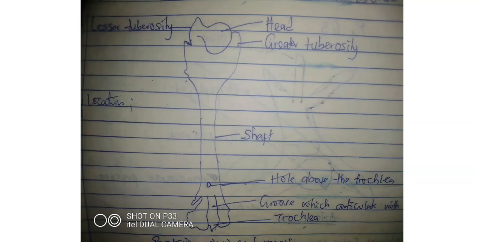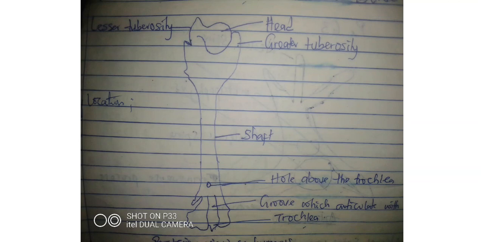Now, you may be asked the observable features of specimen H. The observable features are: it possesses a head without a neck, as you can see there. It has holes above the trochlea.